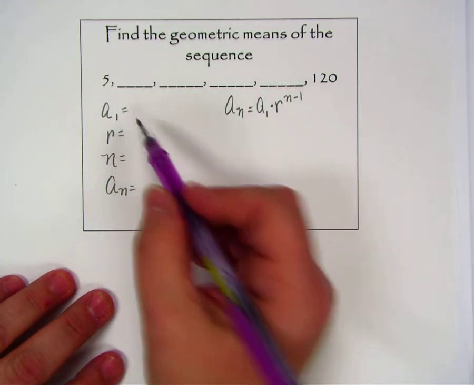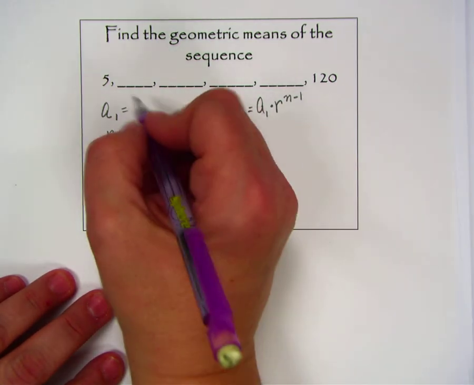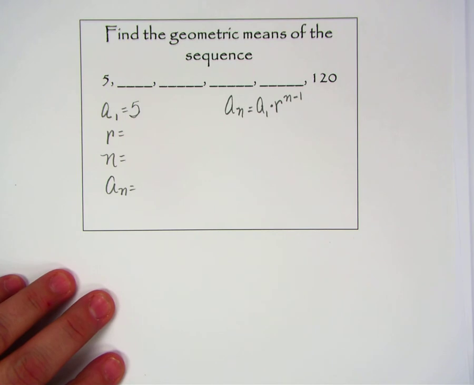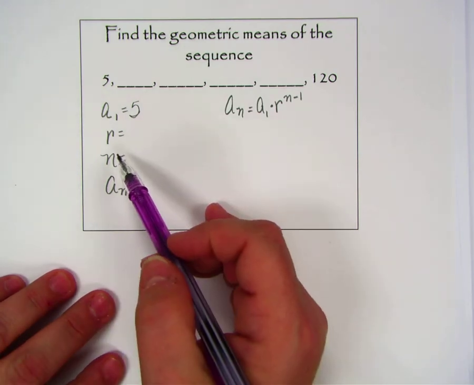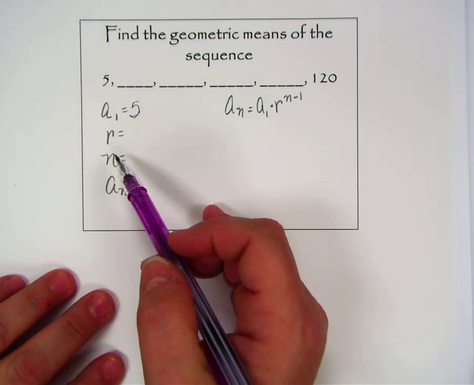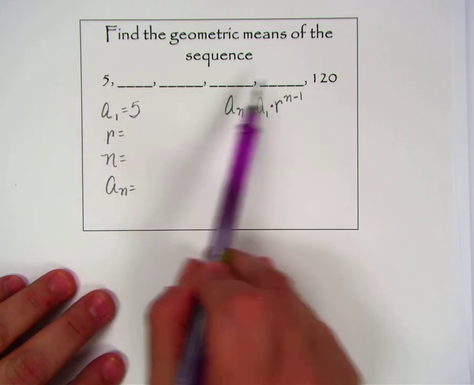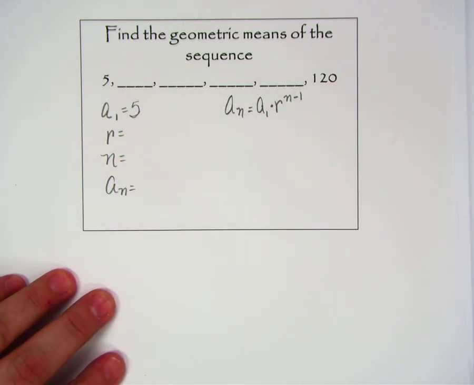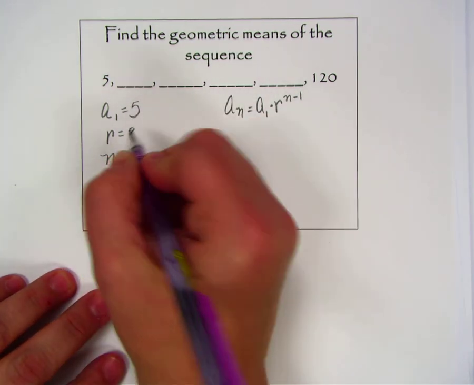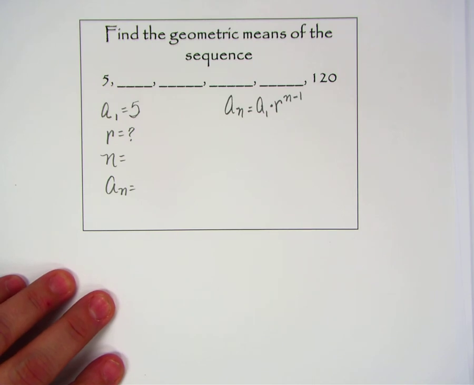Okay, what's the first term? 5. What's the common ratio? We don't know. If I knew the common ratio, I could write these numbers in here, right? Yeah. So that's what I'm looking for. Guys, everybody needs to be paying attention. Everybody needs to be taking notes.